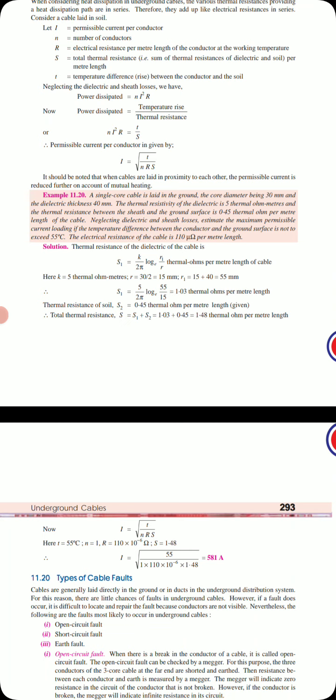Neglecting the dielectric and sheath losses, estimate the maximum permissible current loading if the temperature difference between the conductor and the ground surface is not to exceed 55 degrees centigrade. The electrical resistance of the cable is 110 micro ohms per meter length. These are the things given here.